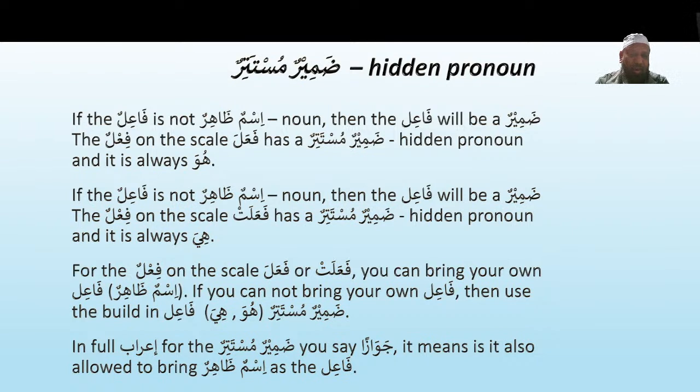For the fa'il on the scale of fa'ala or fa'alat, you can bring your own fa'il. You can bring your own ism zahir. If you cannot bring your own fa'il, then use the built-in fa'il, which is huwa or hiya. For fa'ala and fa'alat, damirun mustatirun.